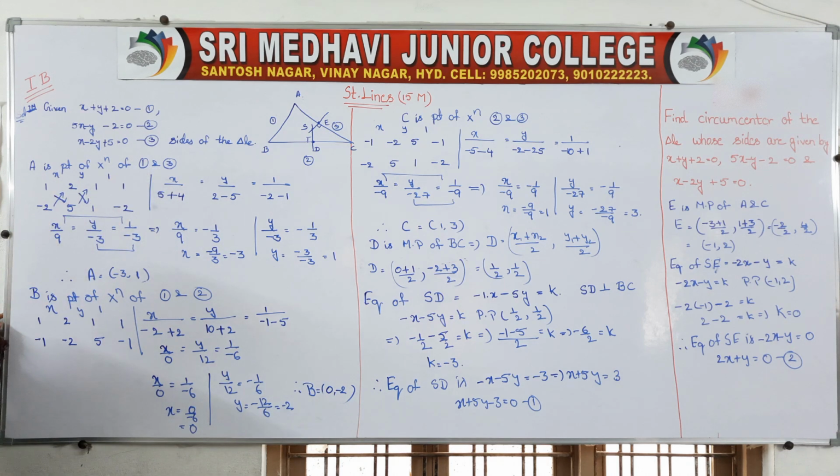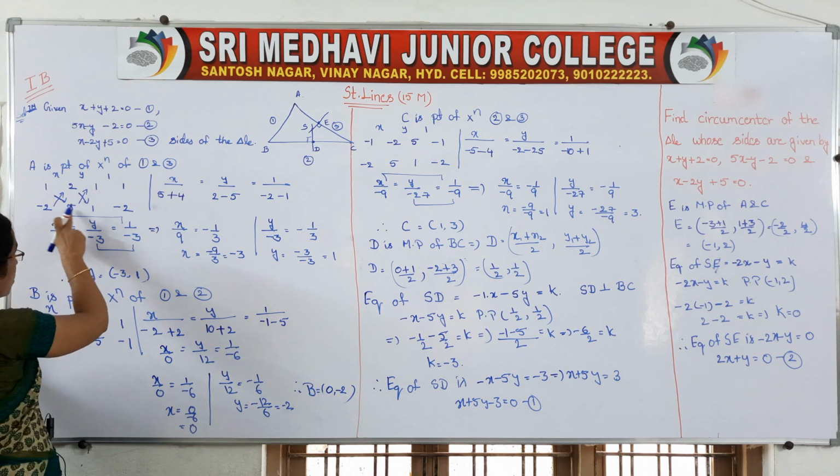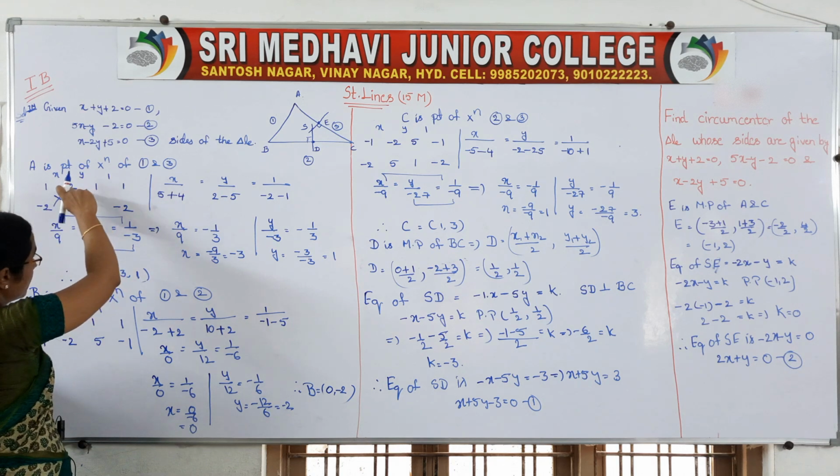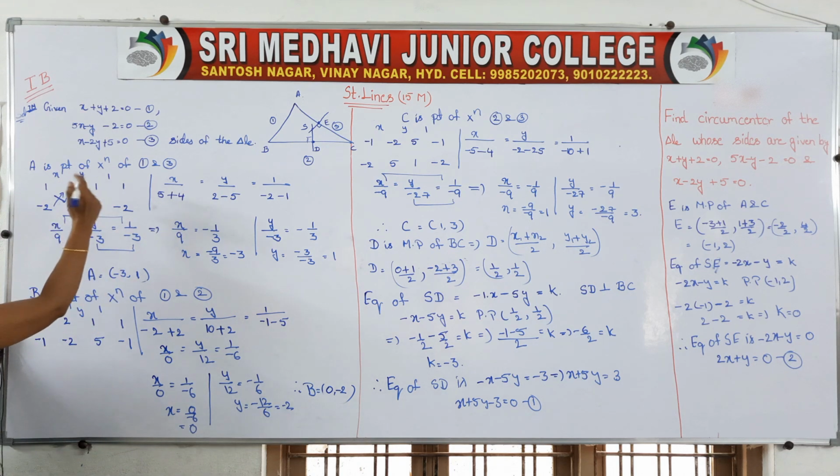Take the cross multiplication method. How do we take the cross multiplication method? First we take the y coefficient, constant, x coefficient, y coefficient. Similarly, y coefficient, constant, x coefficient, y coefficient, like that. Then this into this minus this into this, this into this minus this into this.